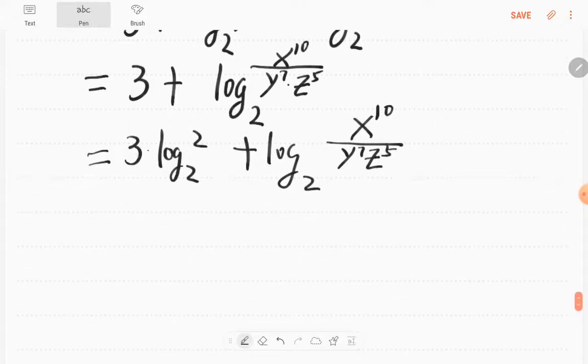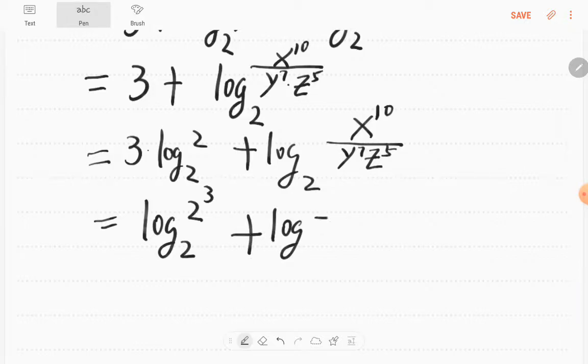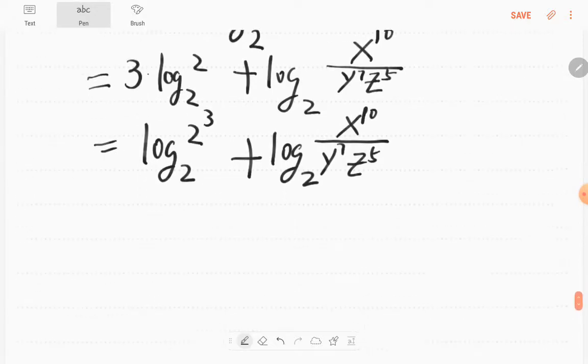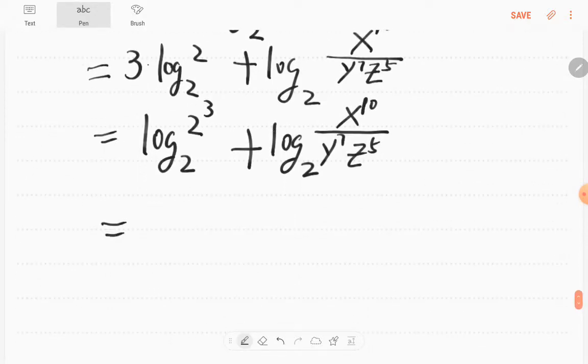Okay, so we can put this 3 inside. So this would be the log base 2 of 2 to the 3rd, which is 8, right? Plus. So this is 8, you add them together, so then you can multiply the inside. So this is 8 times x to the 10th.